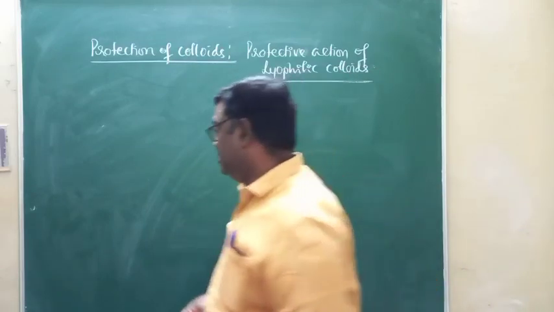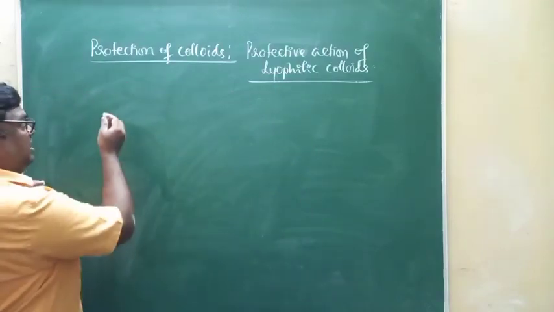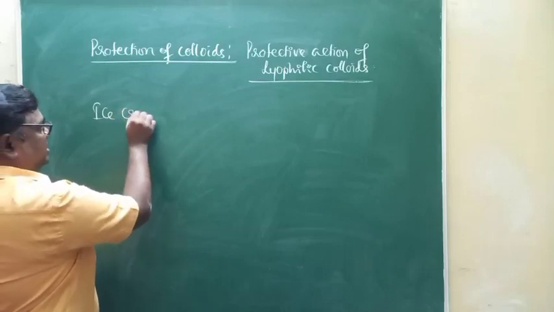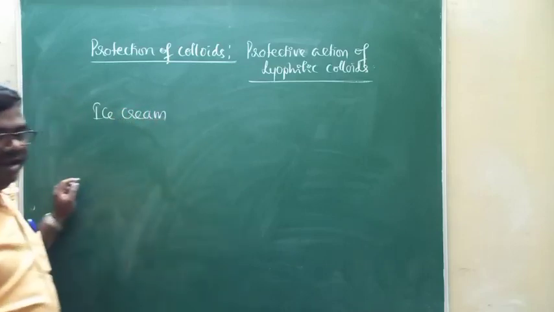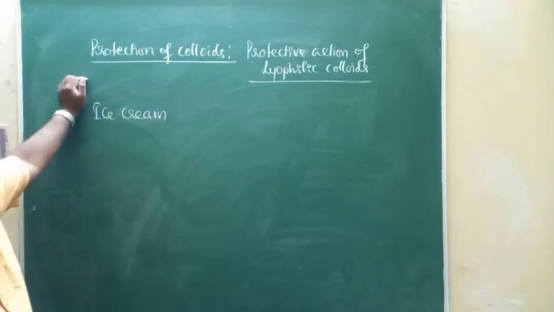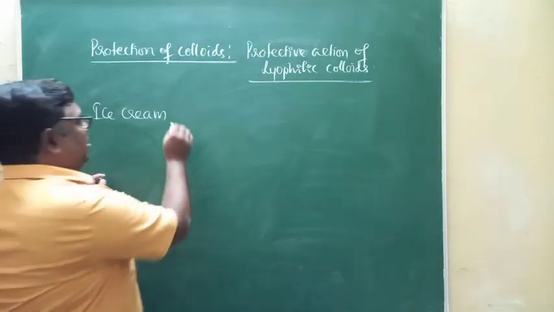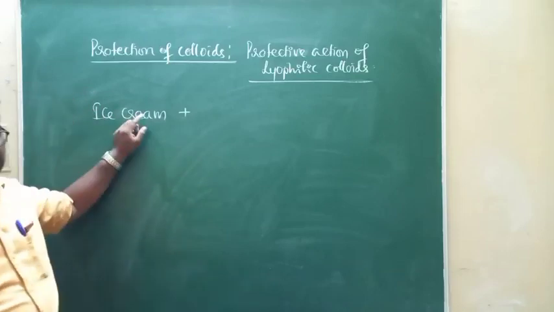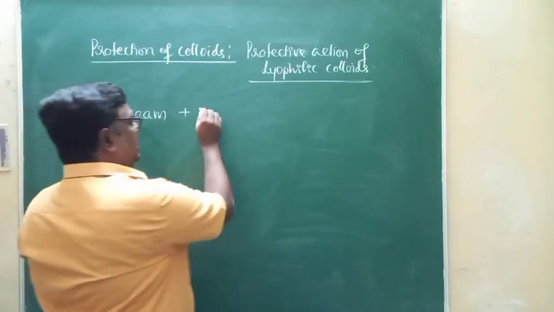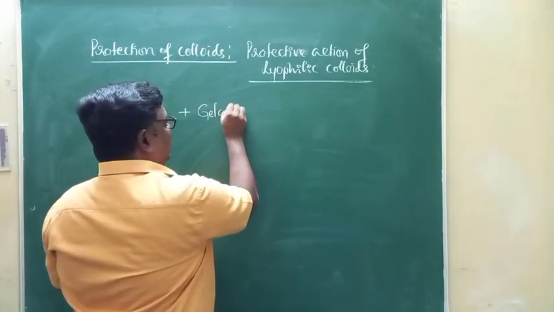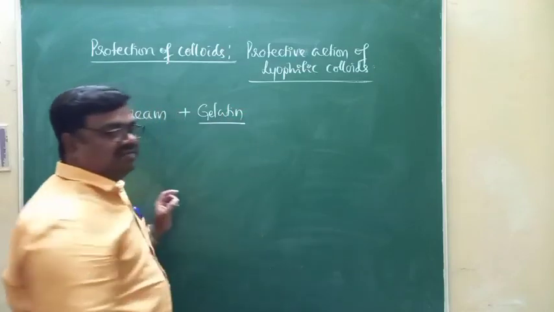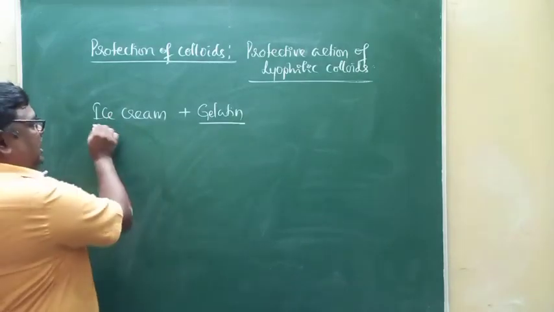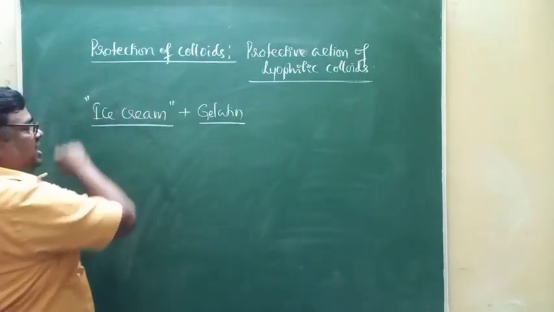And of course, as an example for the protective action of colloids, ice cream is an example for lyophobic colloid. Coagulation of ice cream can be prevented by adding a lyophilic colloid like gelatin. Gelatin is a lyophilic colloid. When gelatin is added to the ice cream, ice cream will be protected from coagulation.